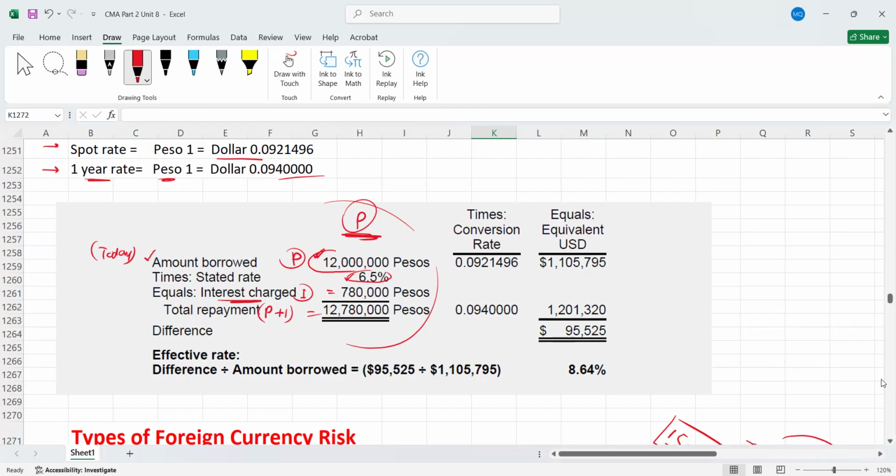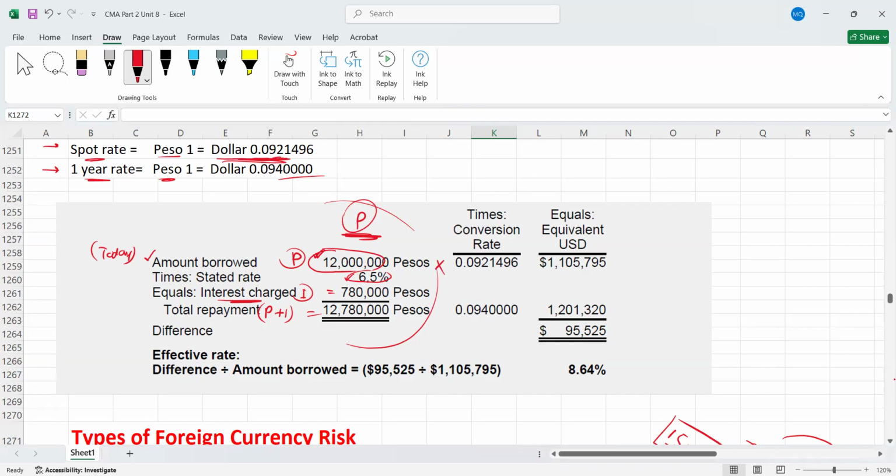Okay, so this information we know in pesos, because so far no conversion is there, so no problem. But if you now incorporate the exchange rate, the spot rate was what? This was the spot rate when we took the loan: 1 peso equals this much dollar. Because this currency is in pesos and the rate is in dollars, I will multiply by this rate.